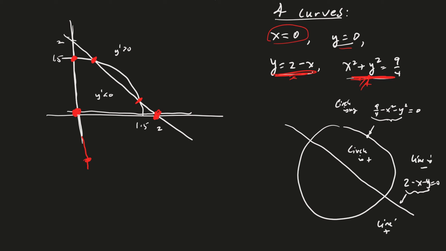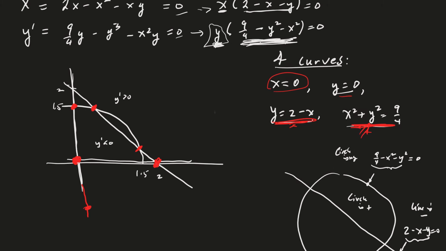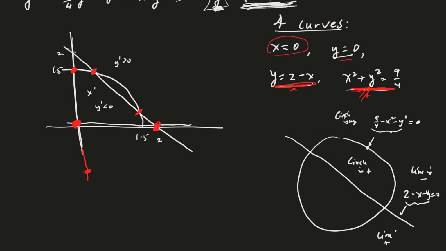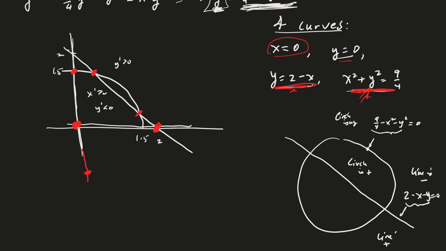Right? And so that means, in this first quadrant, of course, x is positive. And so if you're below the line, x prime we said was positive. And if you're above the line, x prime is negative.